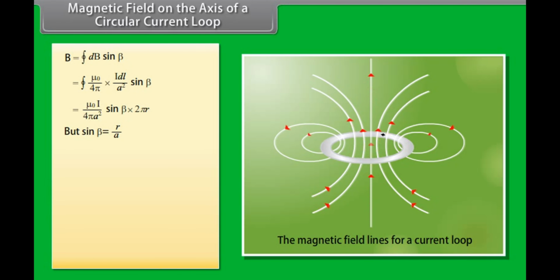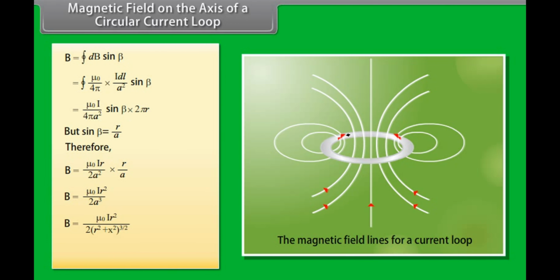But sine beta is equal to r upon a. Therefore, the total magnetic field at P is equal to mu naught I r square divided by 2a cube. We can also write this equation as mu naught I R square divided by 2 times R square plus X square within parentheses raised to the power 3 by 2. This magnetic field acts along the axis of the circular coil.